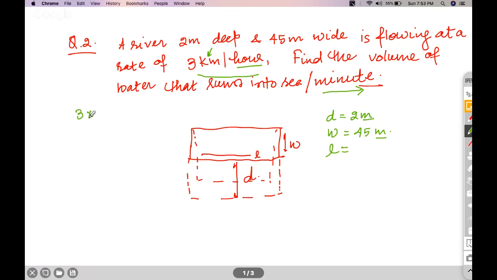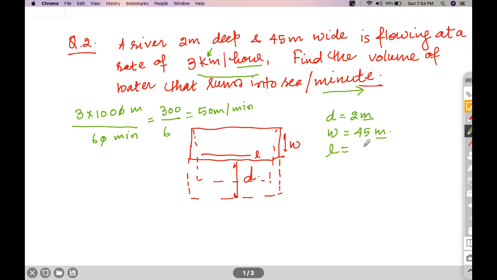So 3 into 1000 becomes meters. And if 1 hour is equal to 60 minutes, I divide 3000 by 60, which gives me 50 meters per minute.